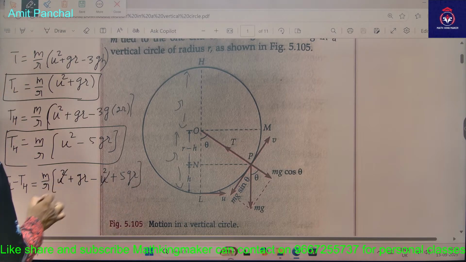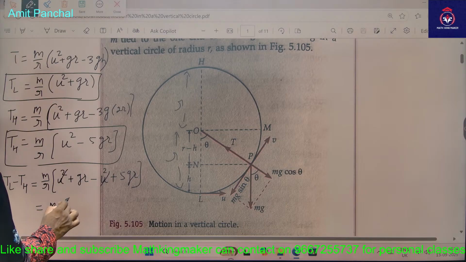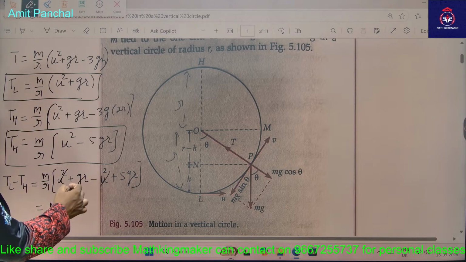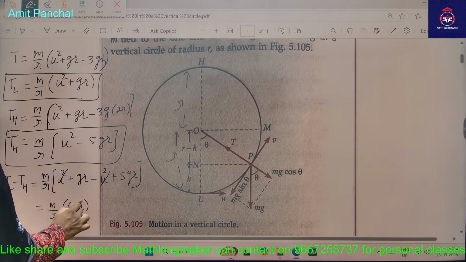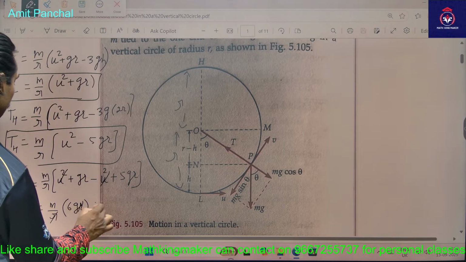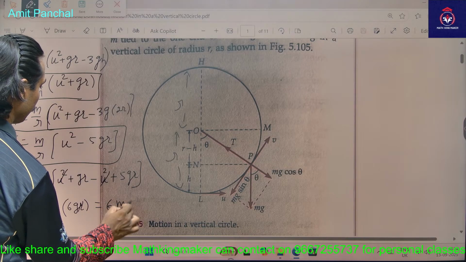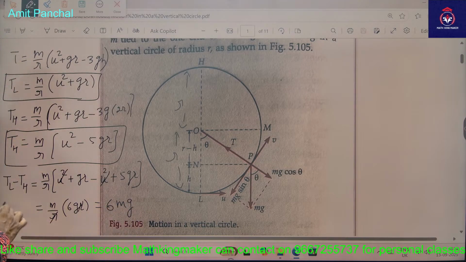U square cancels, so that becomes m by r times 6gr. r and r cancel, so that is equal to 6mg. So the difference of tension between the lowest point and the highest point is 6mg.